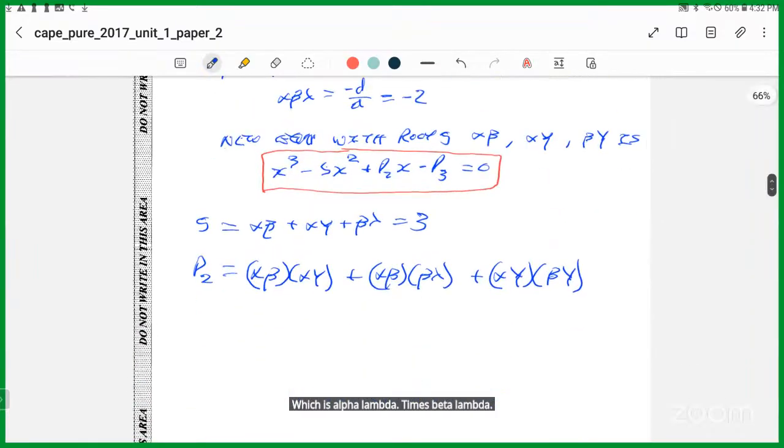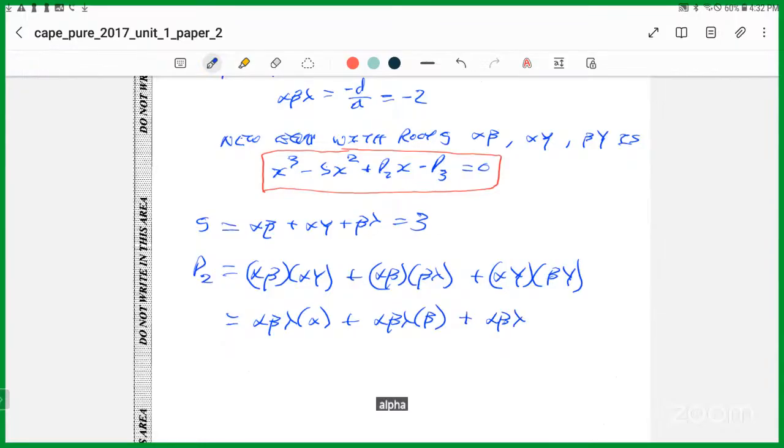And let's see what we have now. This works out to alpha beta lambda times alpha, plus alpha beta lambda times beta, plus alpha beta lambda times lambda.